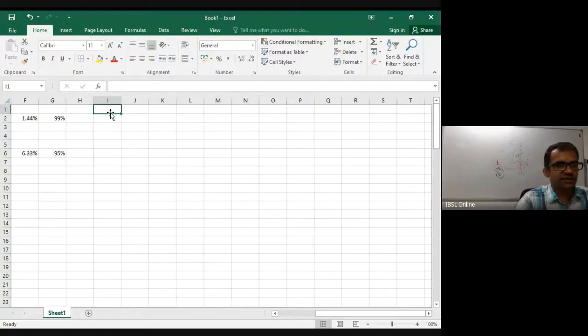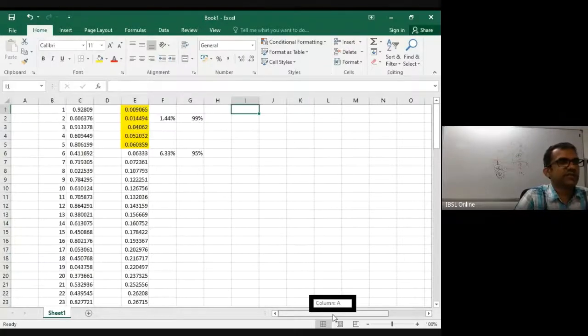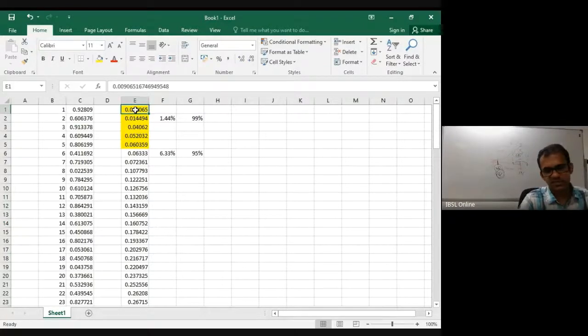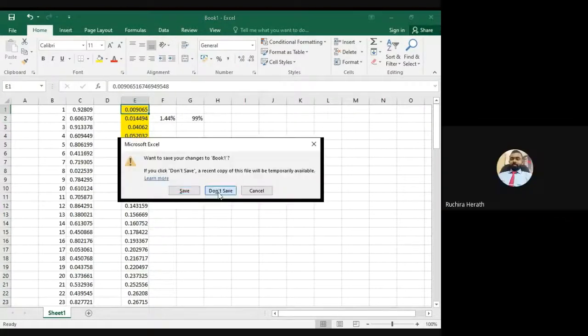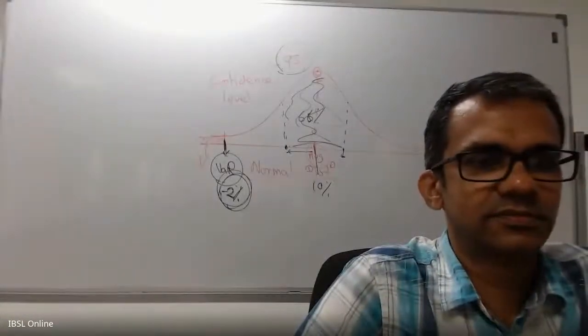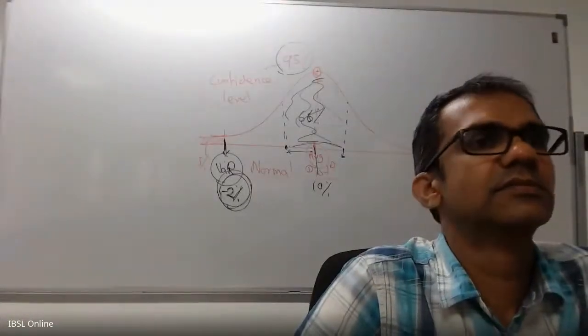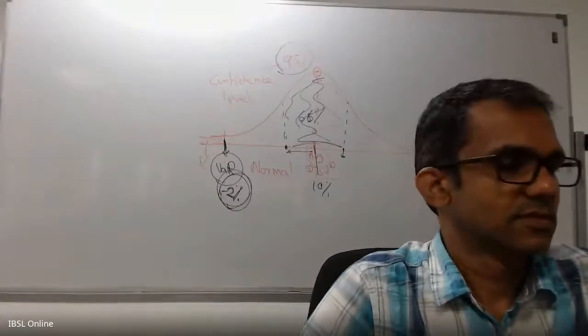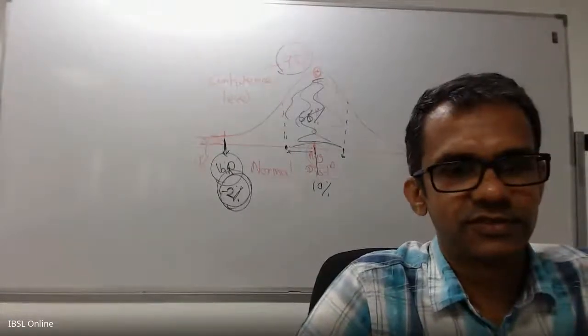But the one I use is just to generate a random number between 0 and 1. Any other question? If not, we'll stop here.